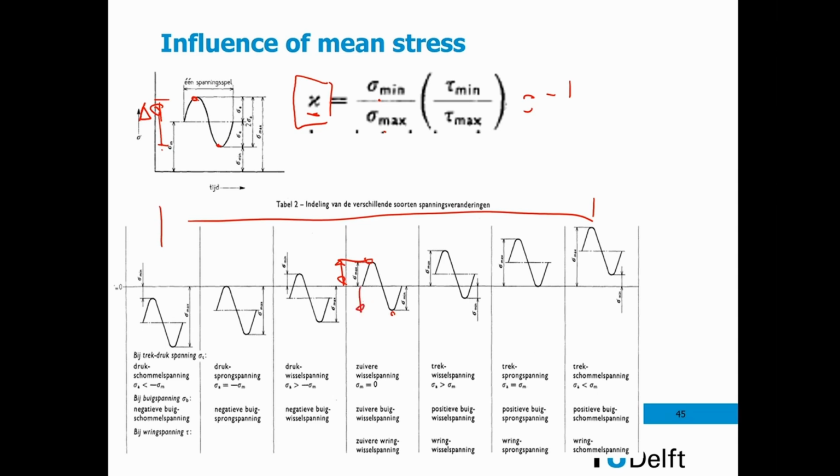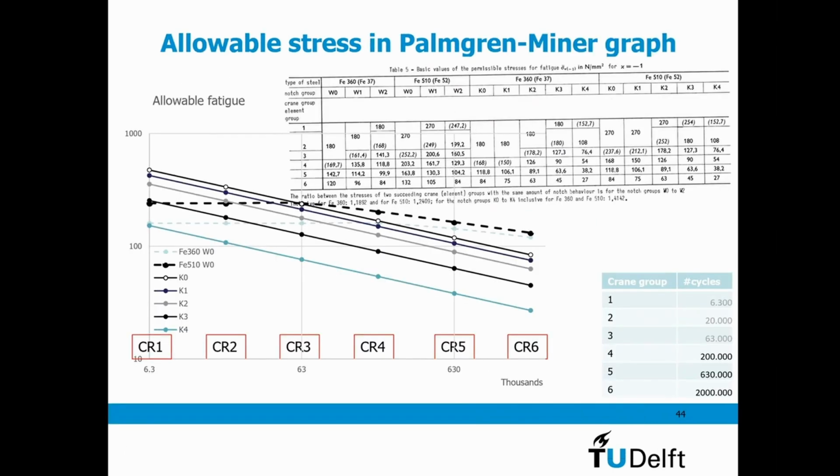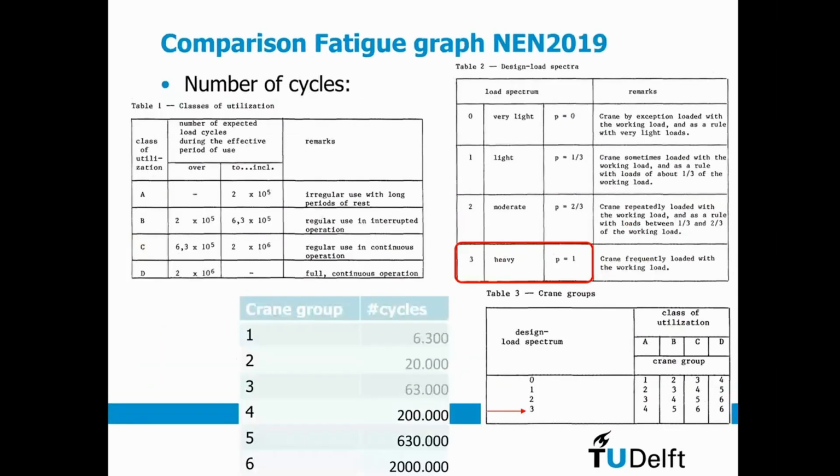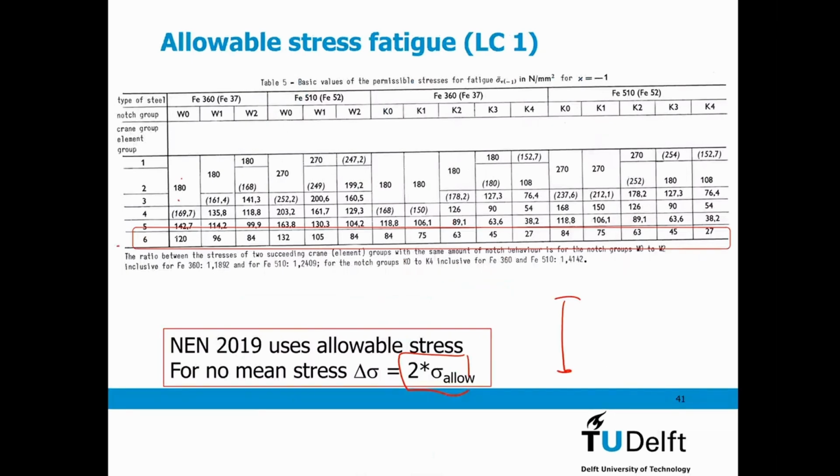So that is the reason why crane standards use the stress amplitude and not the stress variation. Okay, we go back. So the delta sigma can be twice the allowable stress. Just if you want to compare these categories with other methods, there it becomes important.